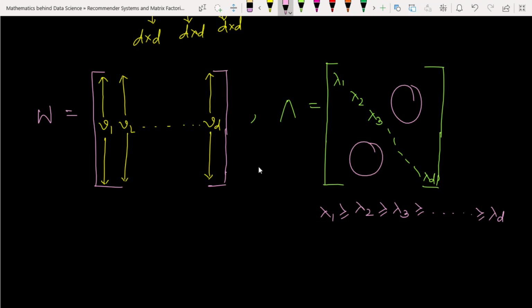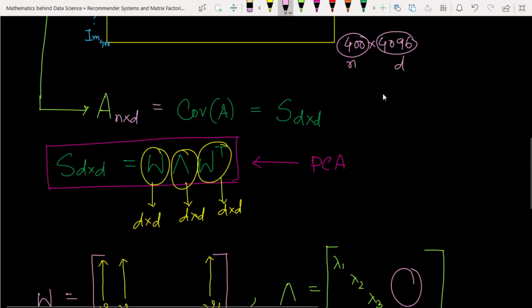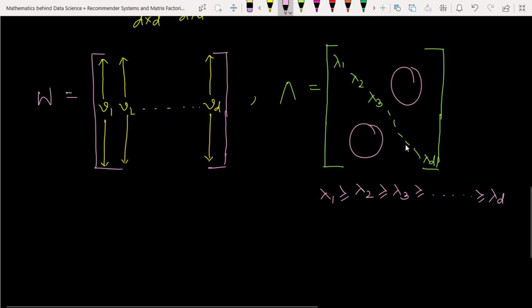This is D-dimensional, and here D is 4096. So somehow we have to reduce this dimension. That means we have to neglect the lambda i's that have the lower values, so that we reduce the dimension.